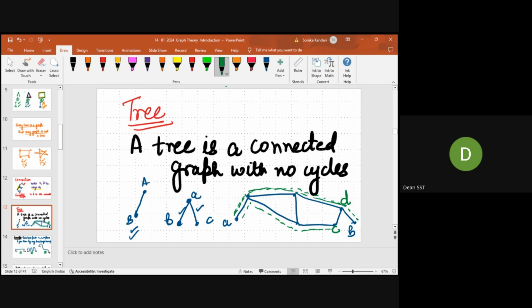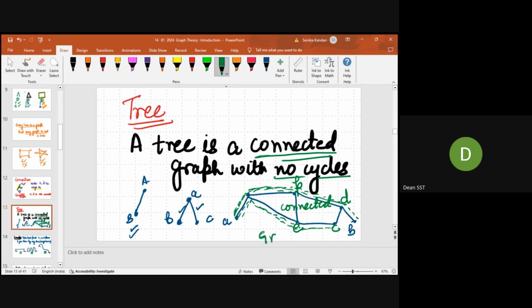Yes. I want to move to E. Is there any path from A to E? Yes. I want to move to P. Is there any path from A to P? Yes. Fine. Is it clear? This is known as connected. It means a tree is a connected graph with no cycles.